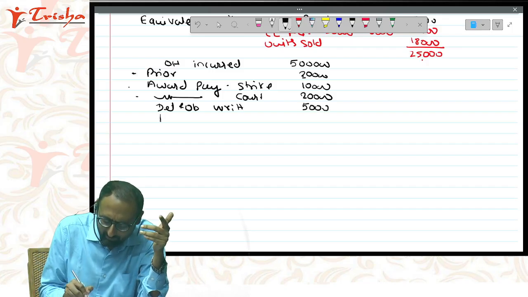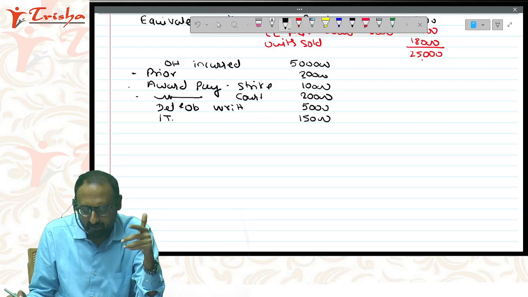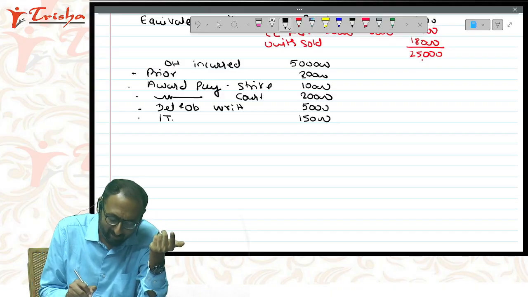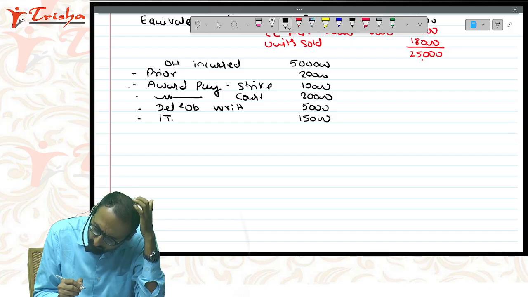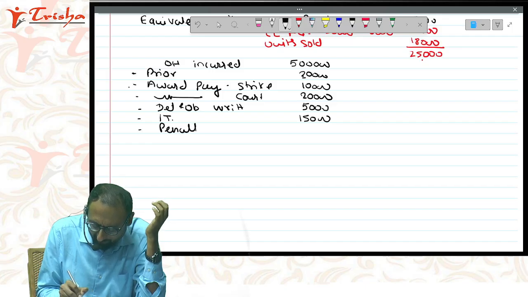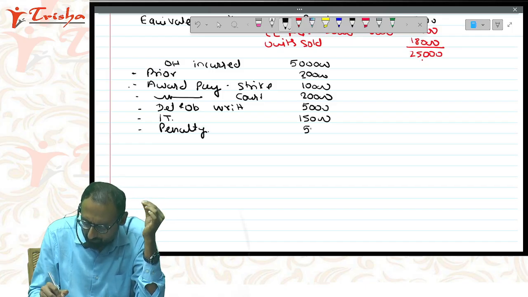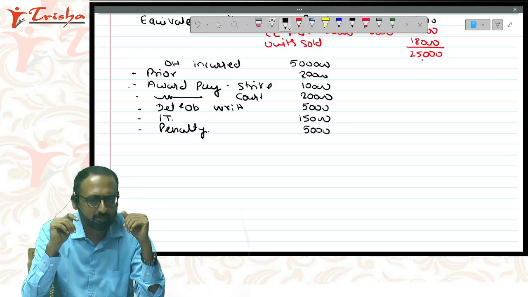Next adjustment, income tax, 15,000. They'll give one more adjustment, penalty and fine paid, 5,000 rupees.